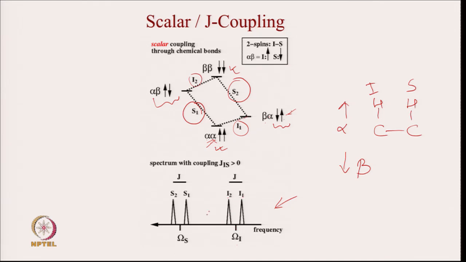One is I 1, I 2, and the splitting between these two signals is known as J value or scalar coupling.